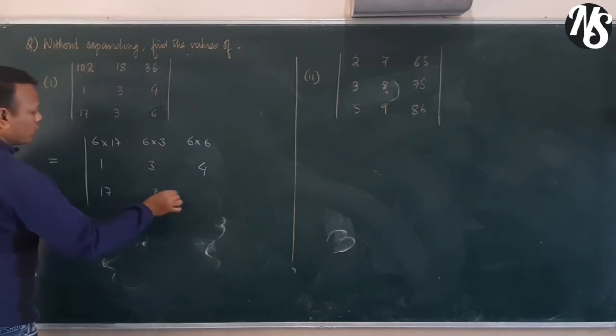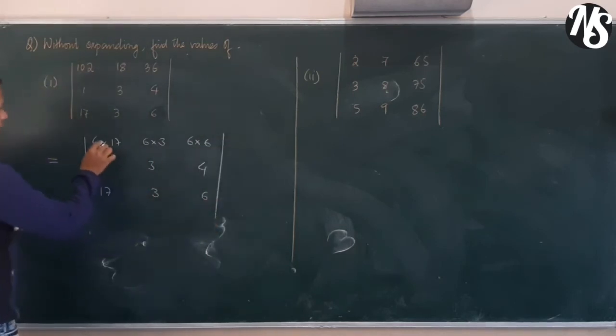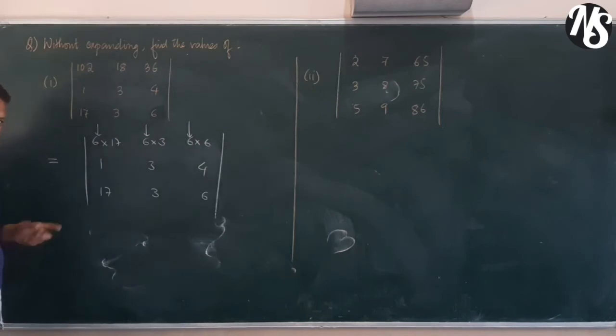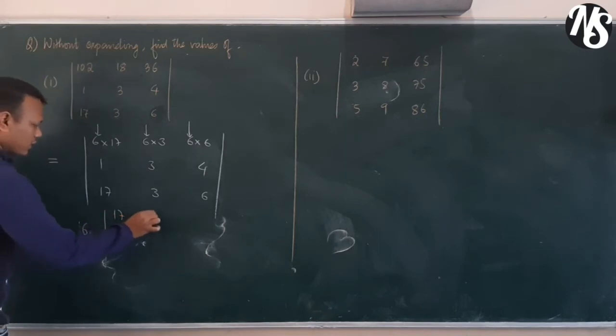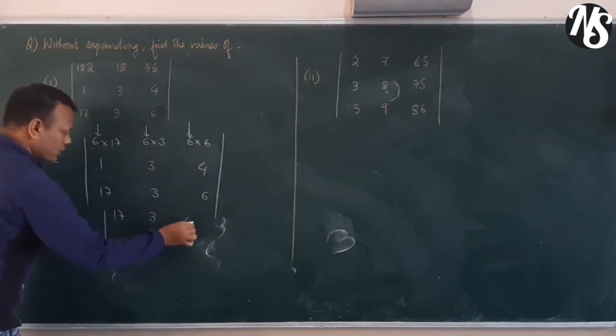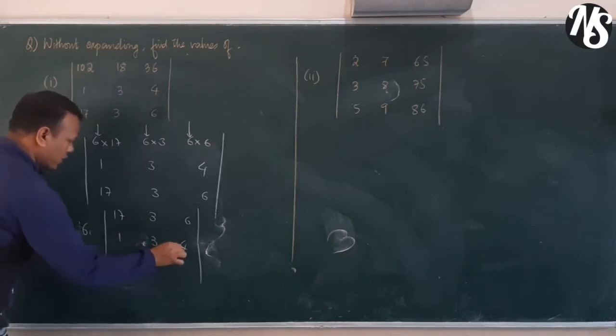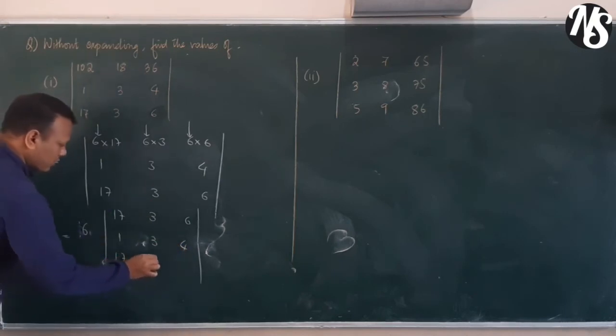In the next step, if I call this constant k, it can be taken outside using the property, remember. So k is 6, so 6 into this determinant. What is left here? 17, 3, 6, and the others are 1, 3, 4, 1, 3, 4, and the last one is 17, 3, 6.